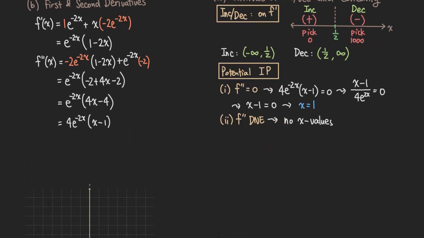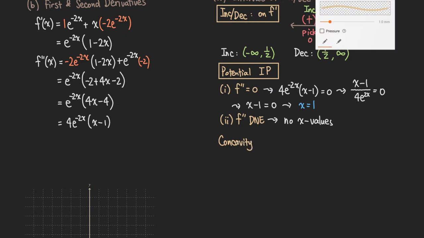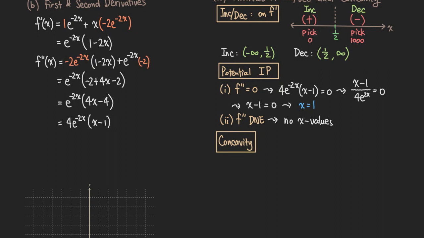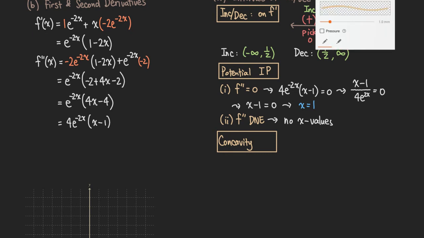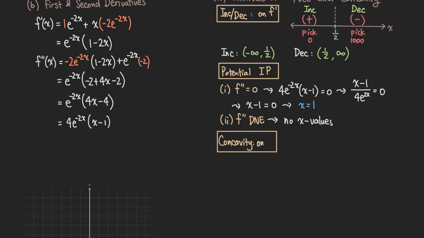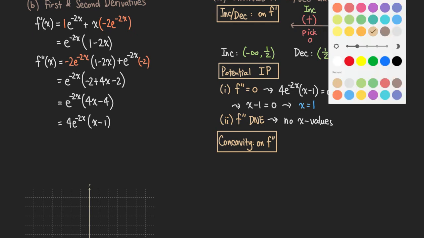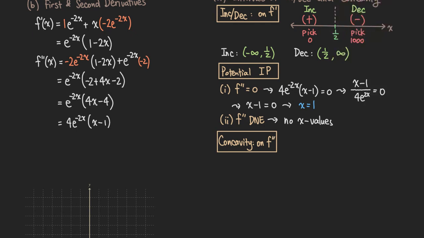Okay, now concavity. I should indicate that the concavity sign chart is going to be done on the second derivative, so on f double prime.